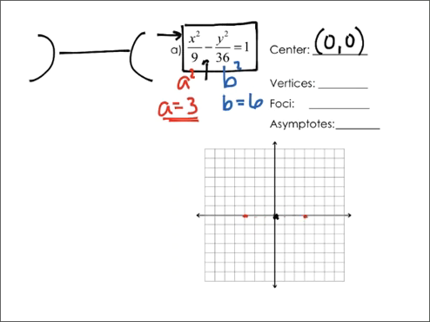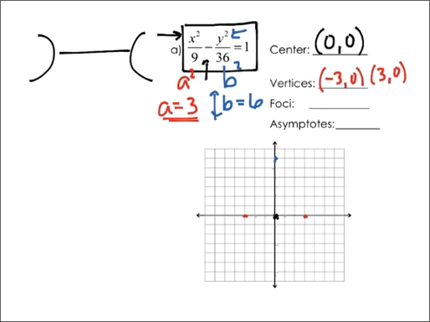Now those dots we just made are actually the vertices. So now I'm going to fill those in. I've got -3, 0 and +3, 0. Now b is just how far up or down it is because y goes up and down. So I am going to go up 6 from the vertex, and then I'm also going to go down 6 from the center.